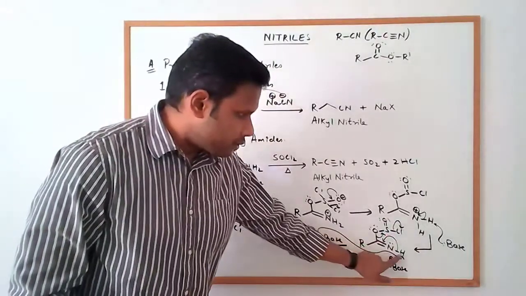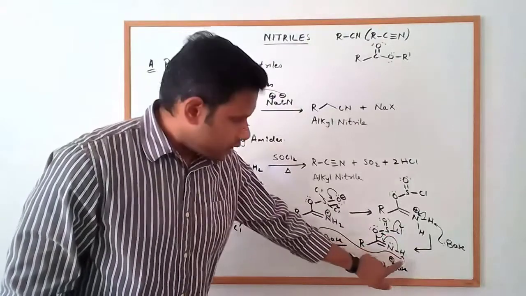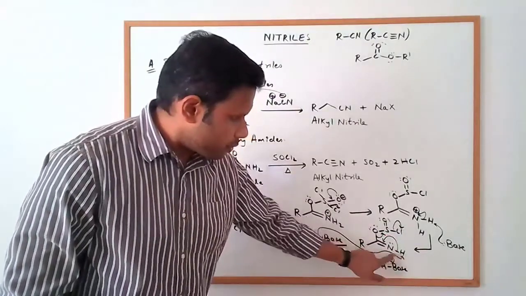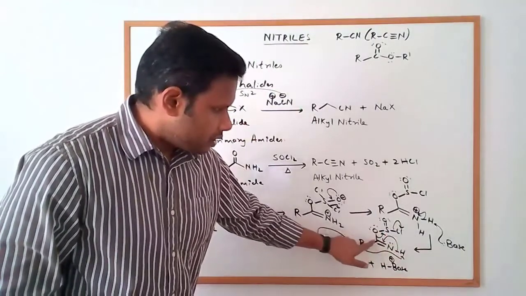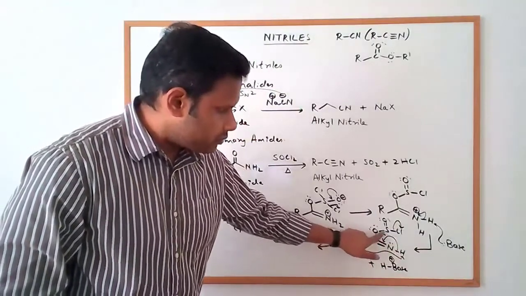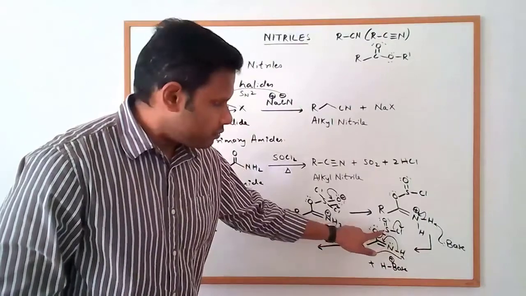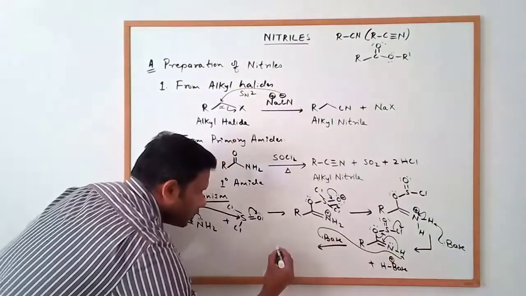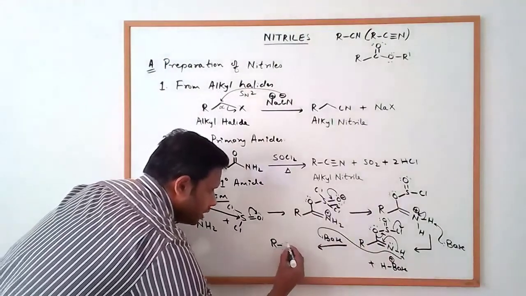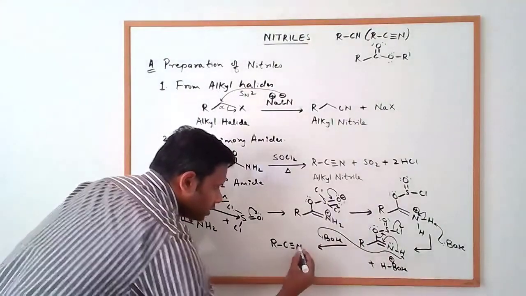The base deprotonates this imine, you form the triple bond between carbon and nitrogen, the bond between carbon and oxygen breaks, you get a double bond between sulfur and oxygen, and the chloride is kicked out. So when you draw it out, finally, what you've made is the nitrile.